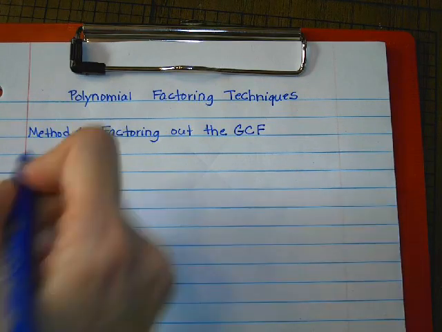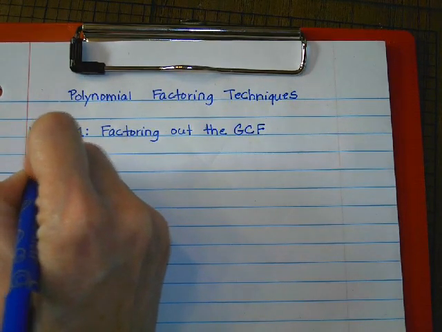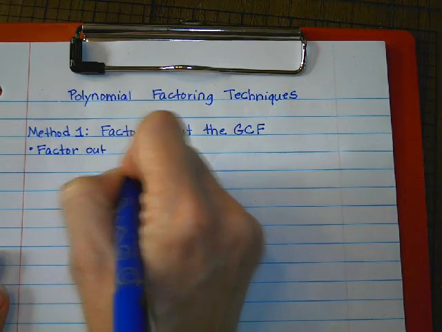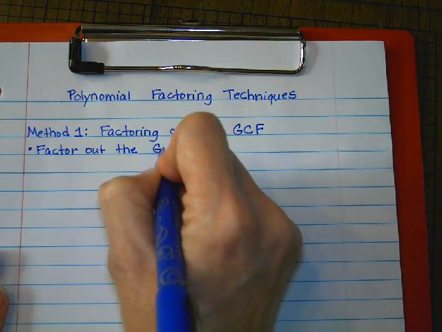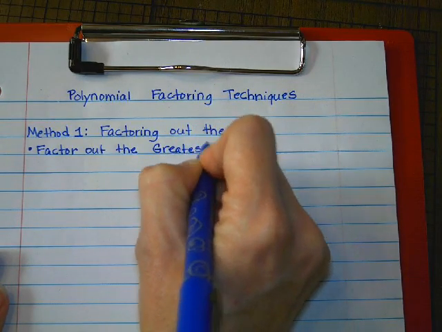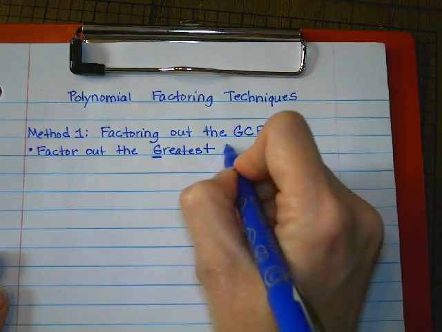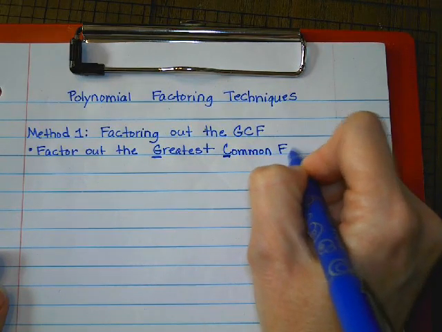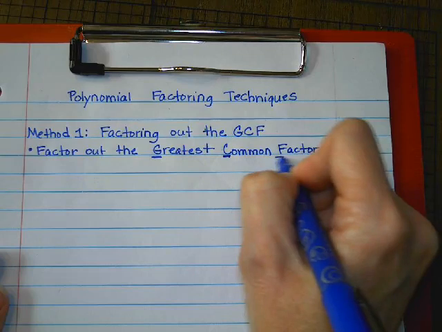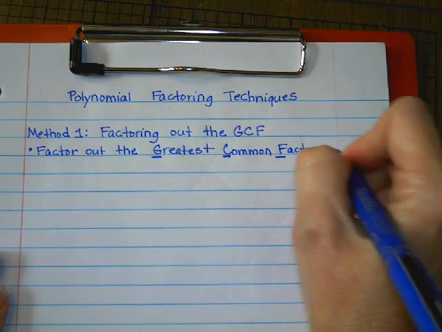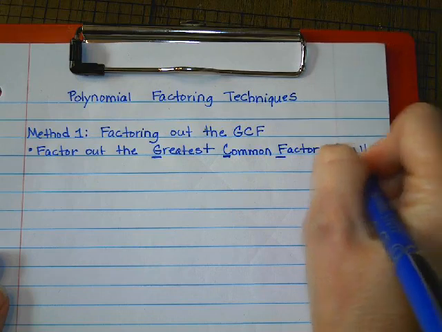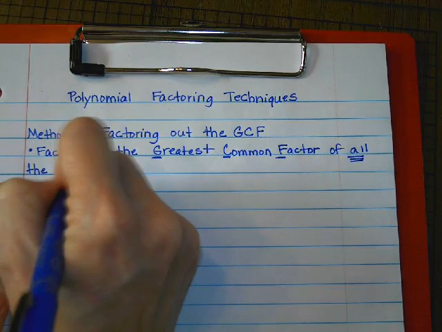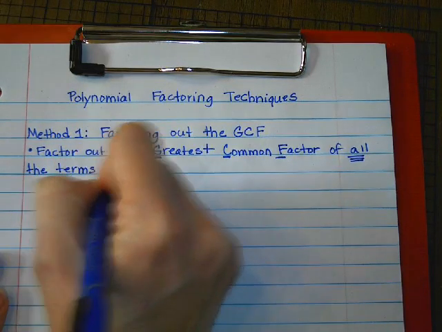And what this means is they want us to factor out the greatest, and that's where our G comes from, common, that's where your C comes from, factor, and that's where your F comes from, of all, and I'm going to underline this, all the terms in the polynomial.